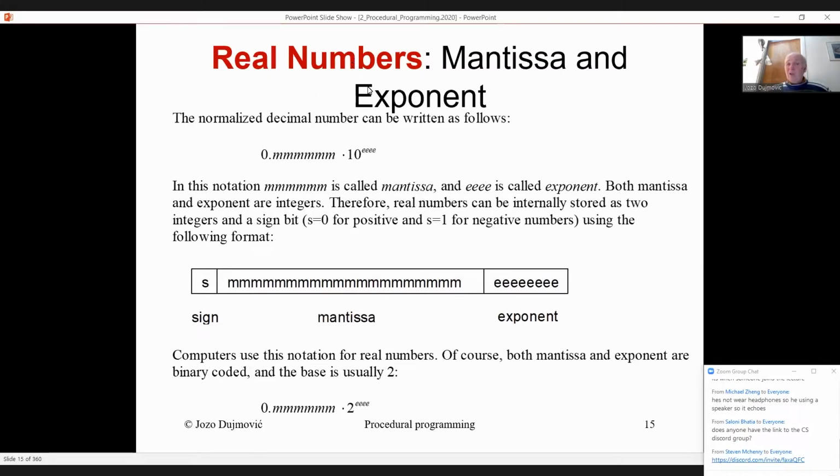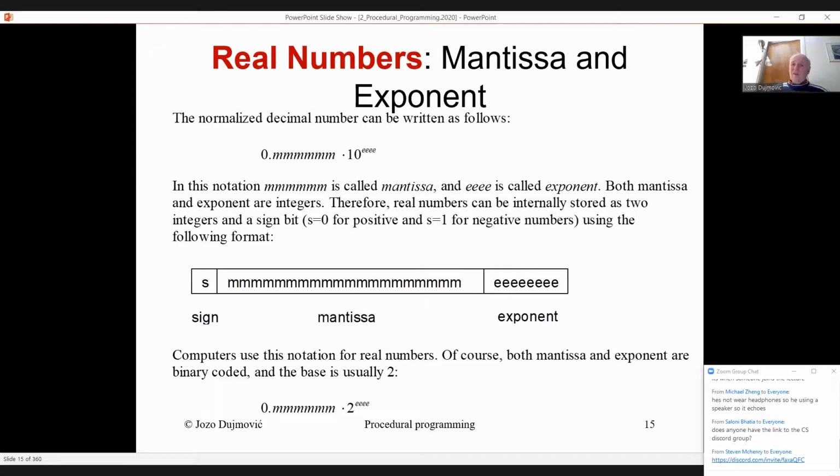The same holds for real numbers. Real numbers are stored in memory using two integers. One integer is the Mantissa and the other is the Exponent. So a decimal number is written like 0.987 times 10 to the exponent 3, for example.